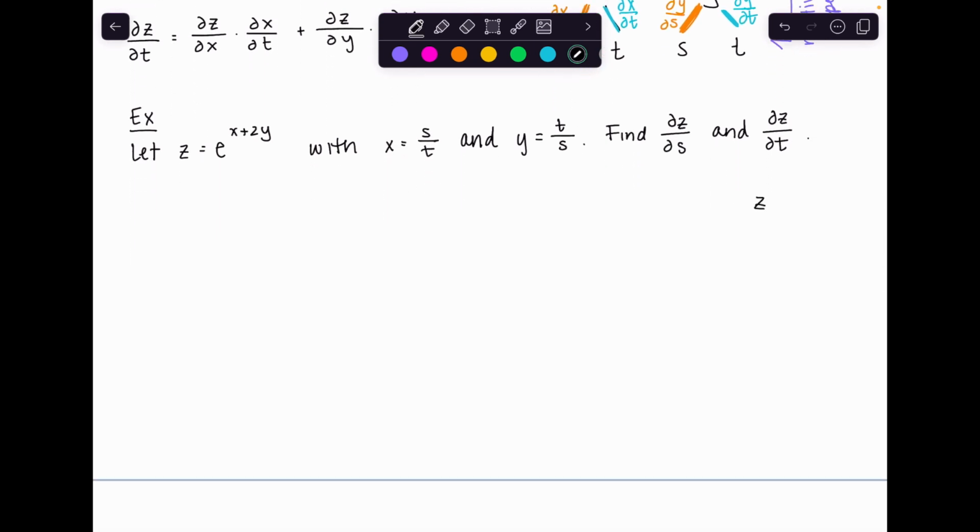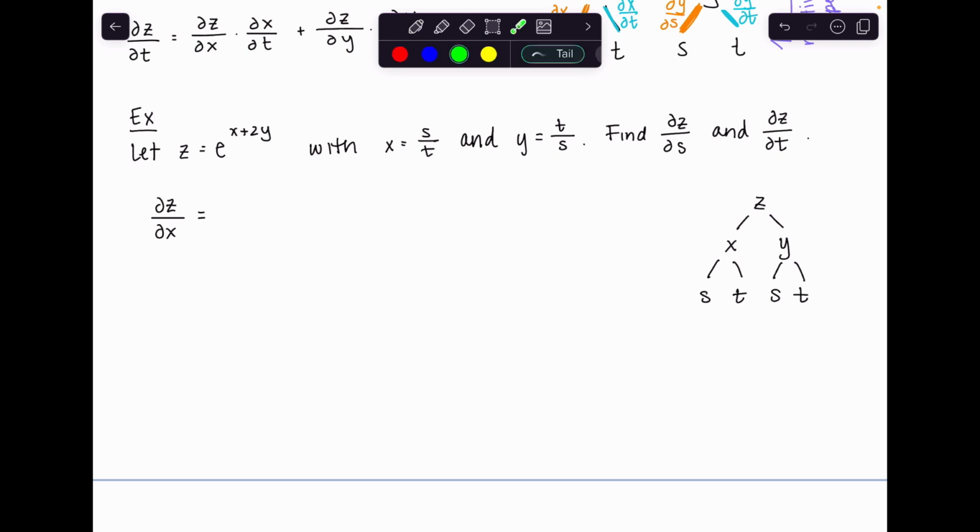So again, I always like to start by doing my branches. Z is our top one. It depends on x and y. And then x has both of these variables, s and t. So I'm just going to find all of the pieces that I need. We'll start with dz dx, the partial of z with respect to x.